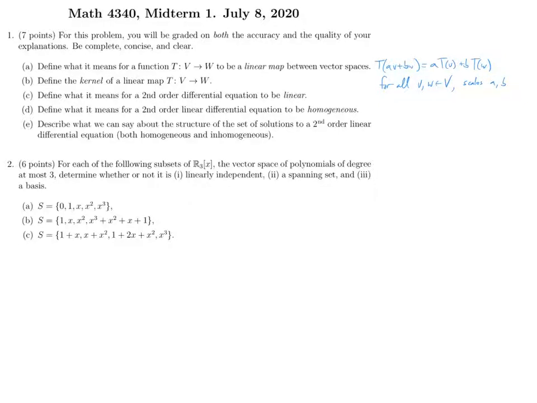I think some of you might have done this in two steps, and at least one of you did. You could say T(v + w) = T(v) + T(w), and T(av) = aT(v), and then same for all v, w and a. So either of these answers is fine.